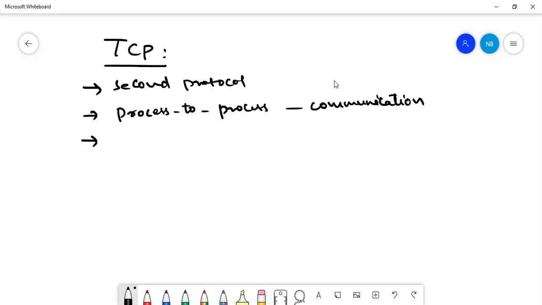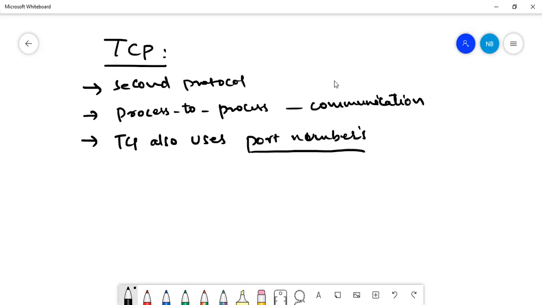And one more thing, UDP uses port numbers. Similarly, TCP also uses port numbers. A port number is the means through which a particular process is identified. So what is a port number? A port number is nothing but the particular process where it is available.